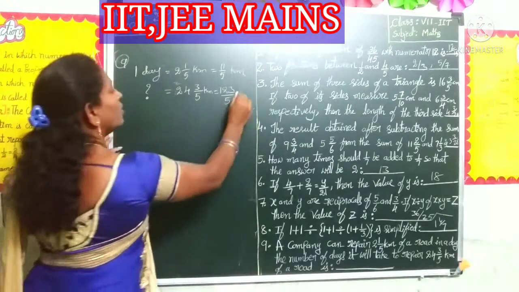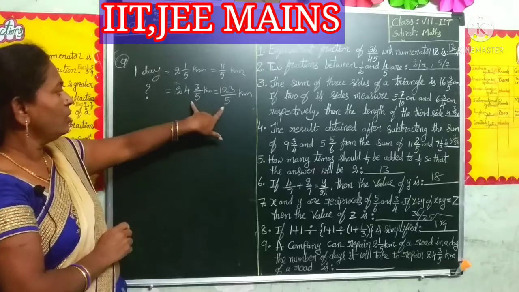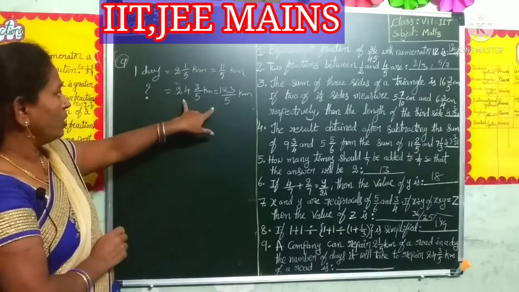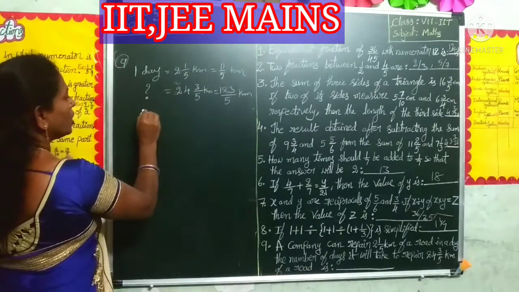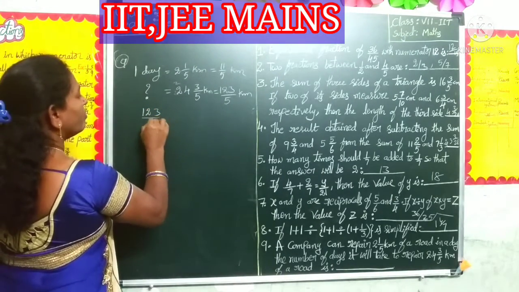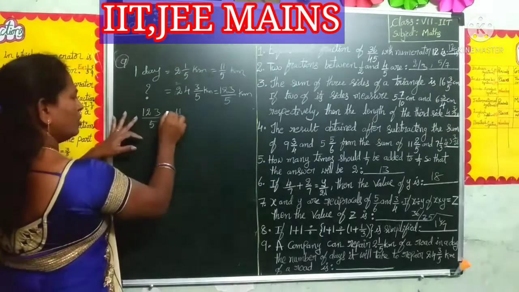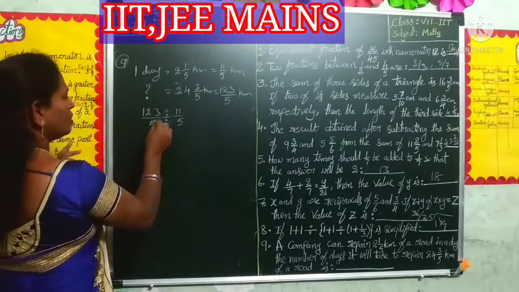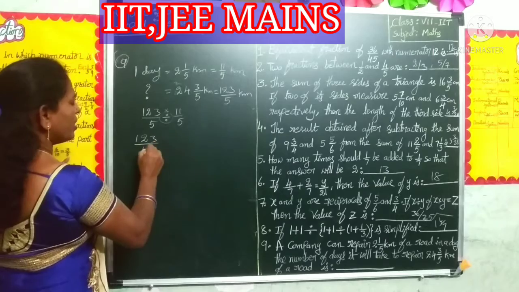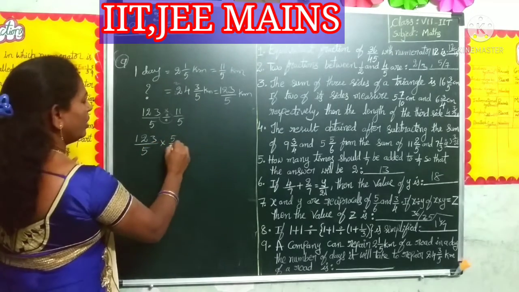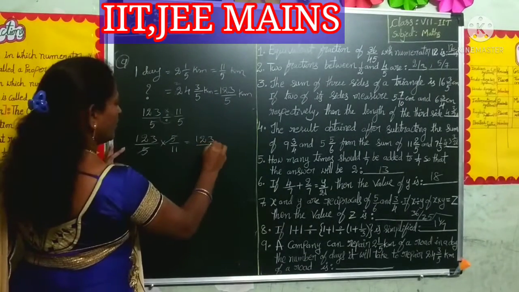Now, already 1 day is given, so you have to divide with the work repaired per day, and we will get the number of days they will take. So here 123 by 5 is divided by 6 by 5. Convert division sign into multiplication sign, reciprocal fraction. So 123 by 5 into 5 by 6. 5 cancels, that is equal to 123 by 6.